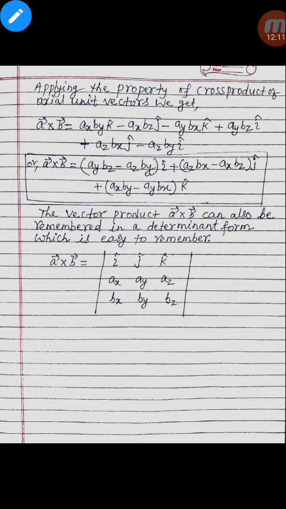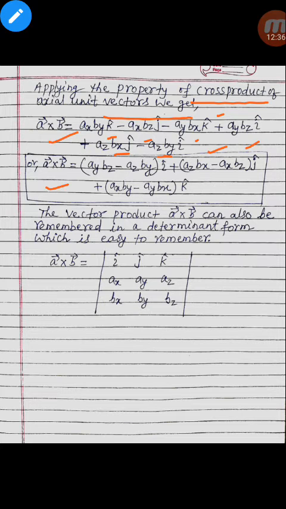Now, applying the property of cross product of axial unit vectors, we get a cross b equal to ax by k minus ax bz j minus ay bx k plus ay bz i plus az bx j minus az by i.